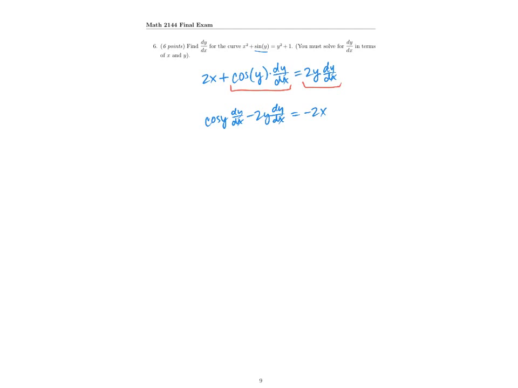And now I can simply factor out that dy/dx, and divide by that leftover bit. Okay, I think that's it.